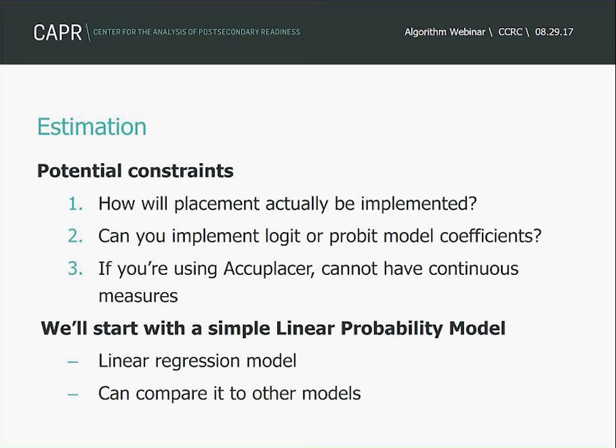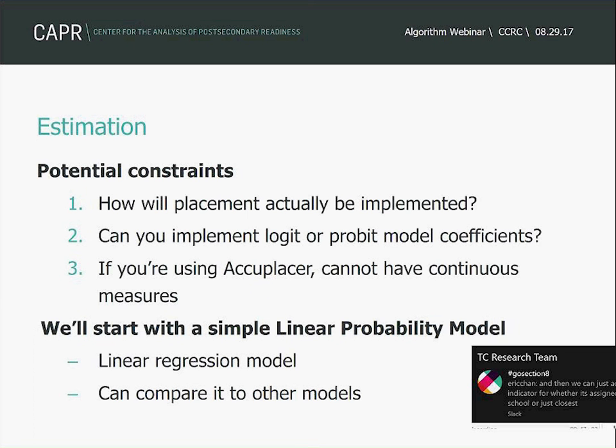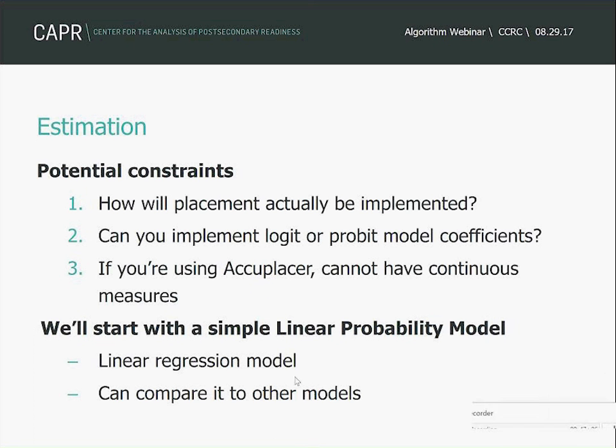One issue with linear probability models, which goes back to what I was just talking about, is they can actually produce probabilities that are greater than 1 or smaller than 0, which is a little odd, obviously. It's not really such an issue here because we're just going to come up with a cut point where people above a certain probability we place into college level, and people below it, we don't.